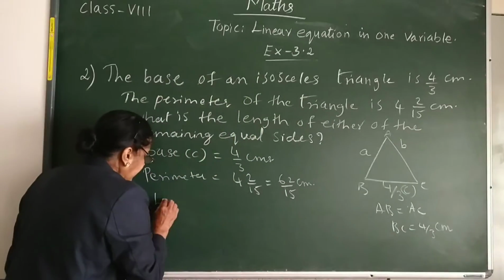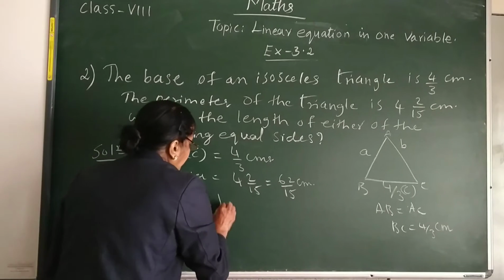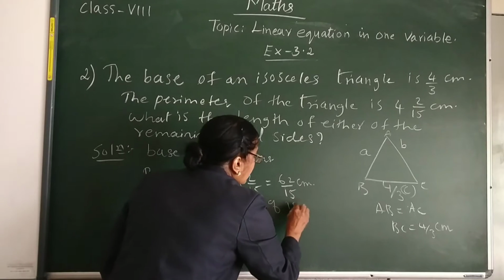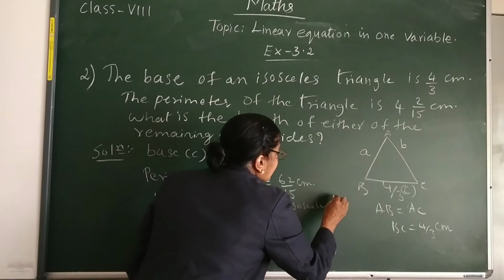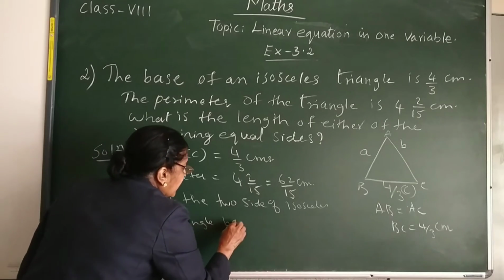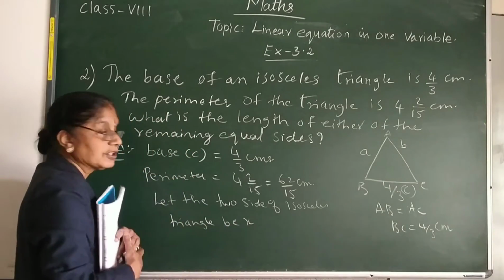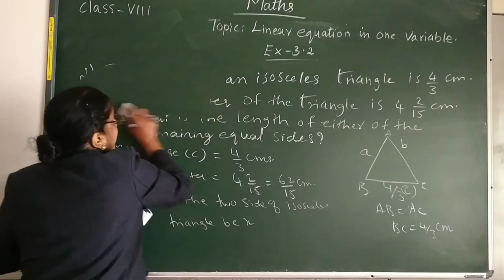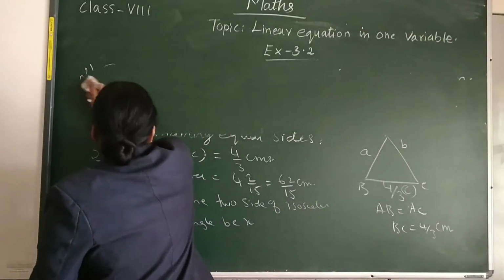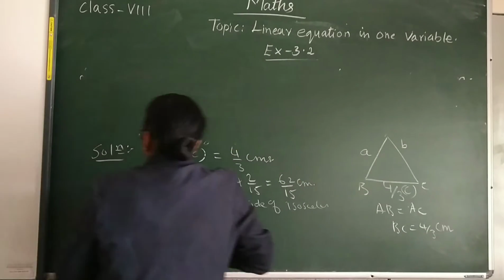So let the two sides of the isosceles triangle be x because they both are equal. So what will happen now? Let us see. We know the perimeter is nothing but the sum of the sides of the triangle.